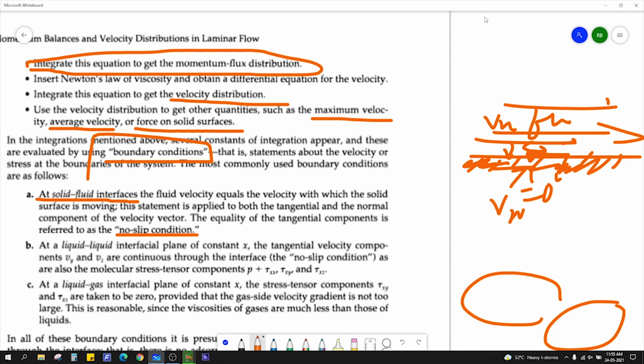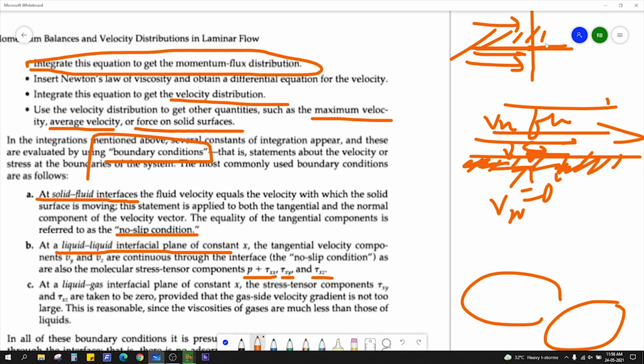Okay. What about if you have two liquid phases? This is liquid, it is flowing. Here also it is liquid, flowing, right? And they share a boundary here, a fluid-fluid or liquid-liquid interfacial plane, at constant x. At that point, the pressure and tau xx, tau xy are continuous.